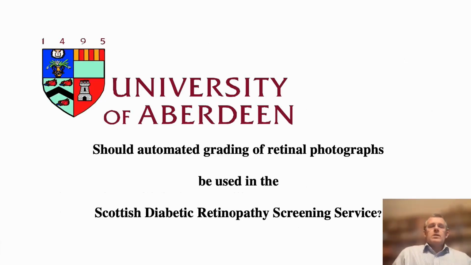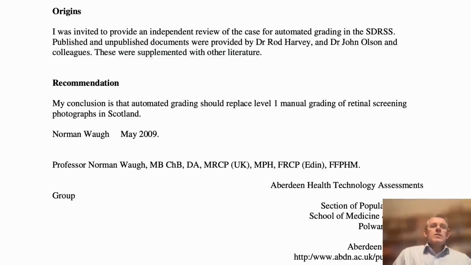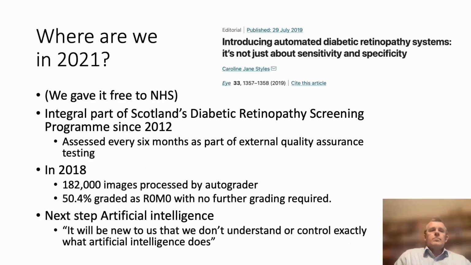So a report was commissioned by the Scottish Diabetes Retinopathy Screening Collaborative, and this was undertaken by Professor Noel Waugh in the University of Aberdeen. He concluded that the evidence was sufficient, and it was accepted that this could now be implemented into the National Retinal Screening Programme.